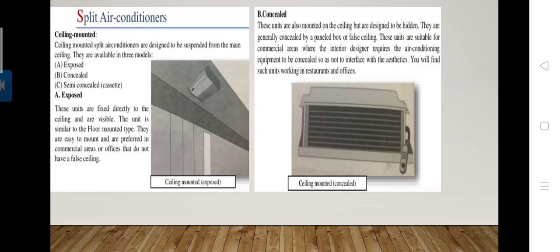These units are also mounted on the ceiling but are designed to be hidden, so they are generally concealed by a panel box or false ceiling. These units are suitable for commercial areas where the interior designer requires the air conditioning equipment to be concealed so as not to interfere with the aesthetics. You will find such units working in restaurants and offices also.